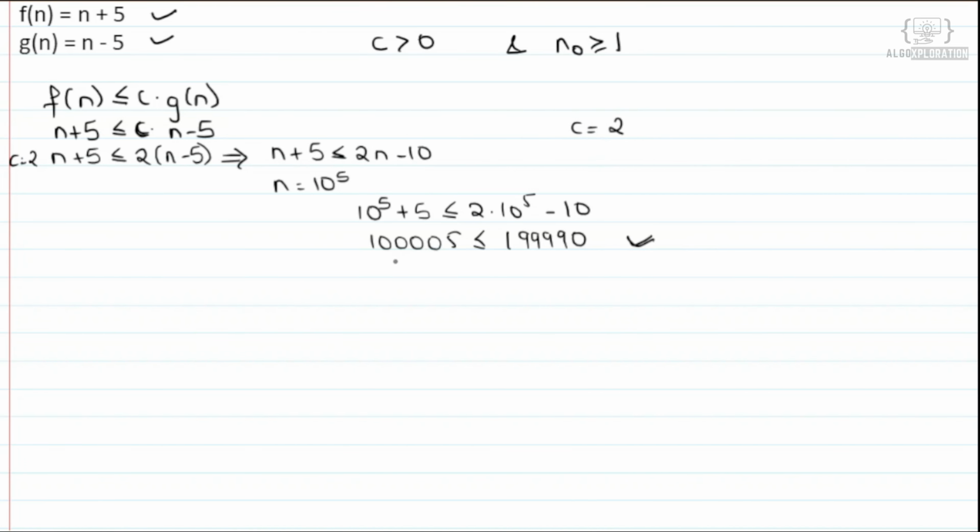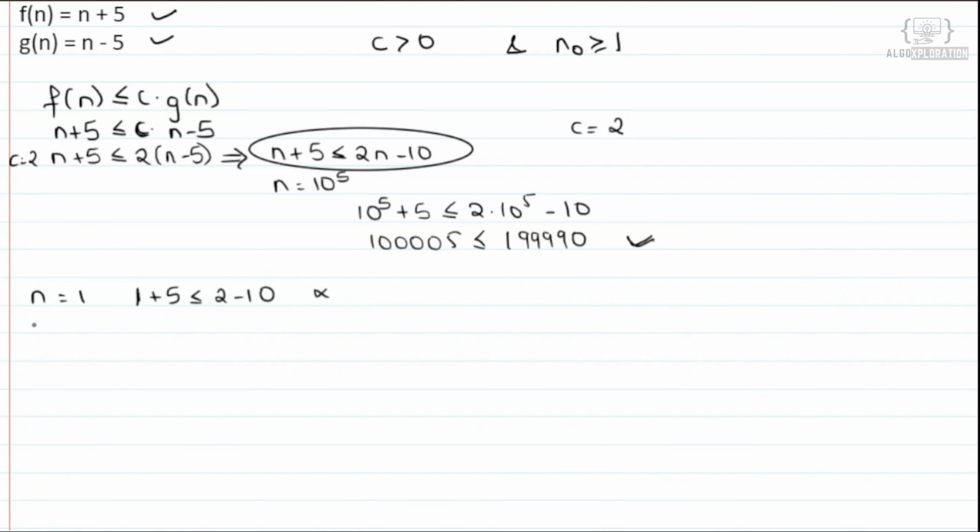Now let's find the value of n naught. Substituting n naught starting from 1, equals to 1. We have to put n as 1 in this equation. So 1 plus 5 is less than or equal to 2 minus 10.